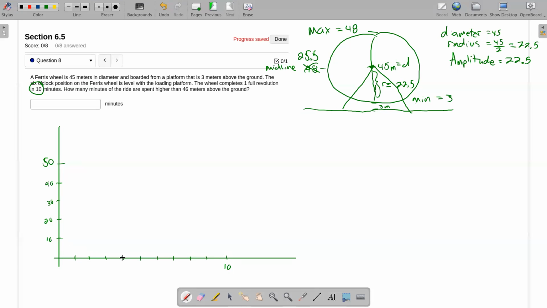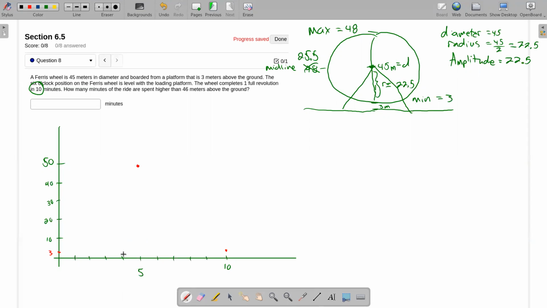1, 2, 3, 4, 5 is in the middle. 3 would be somewhere down here. So we're going to start at 3 here. And we'll hit 3 again 10 minutes later. The max is 48. That's going to happen at 5, right in between. So the max is somewhere, 48 is probably about here-ish.